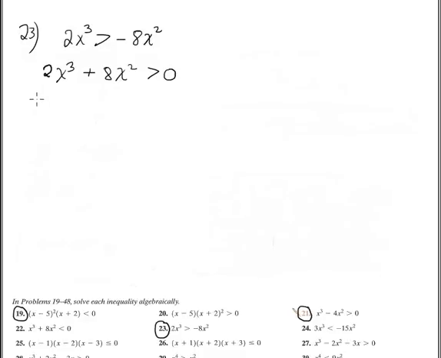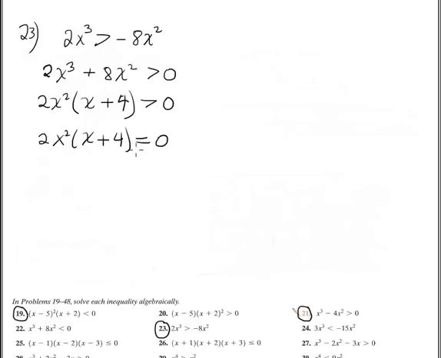The greatest common factor is 2x squared, times (x plus 2 plus 4), greater than 0. Now convert this to equation, because I want to find the critical value. It's obvious that the solution is 0 and -4. This is the critical value.